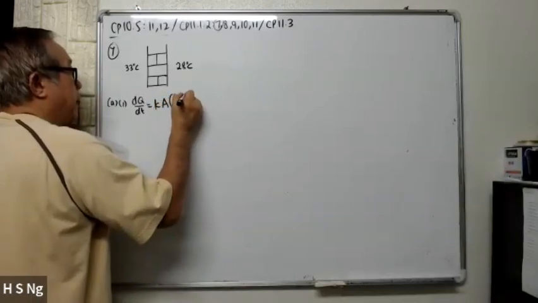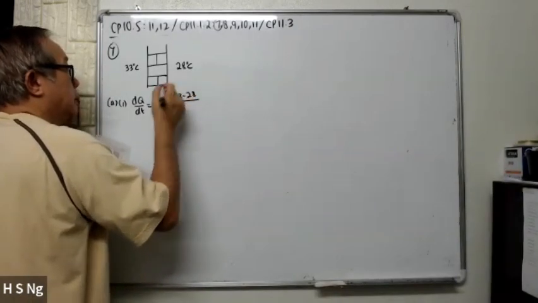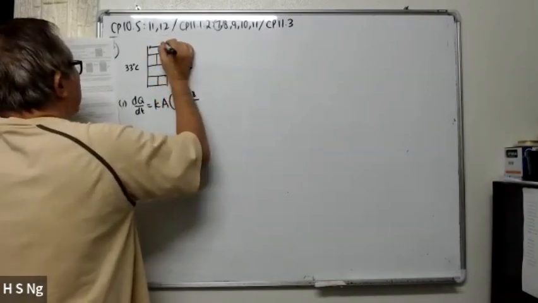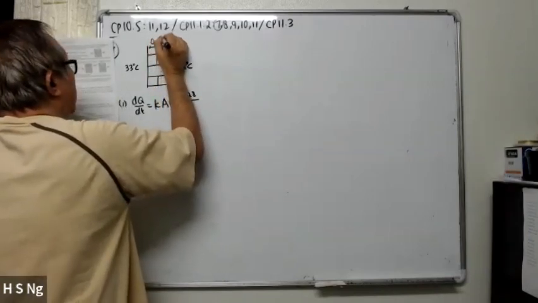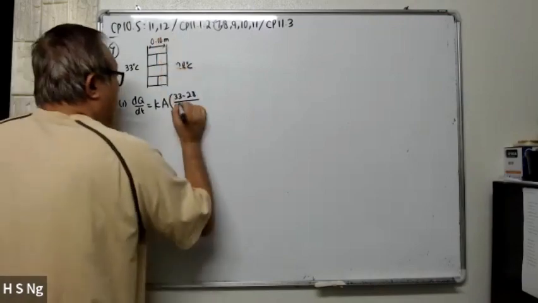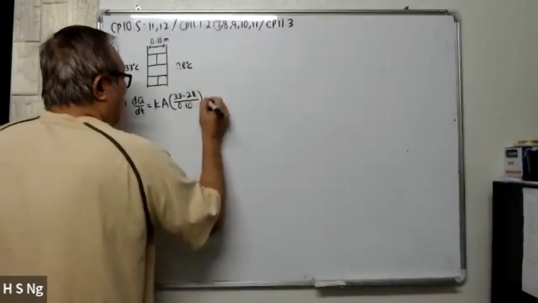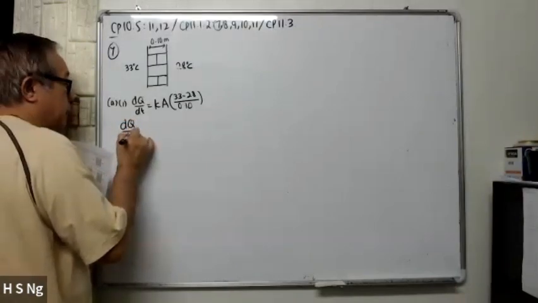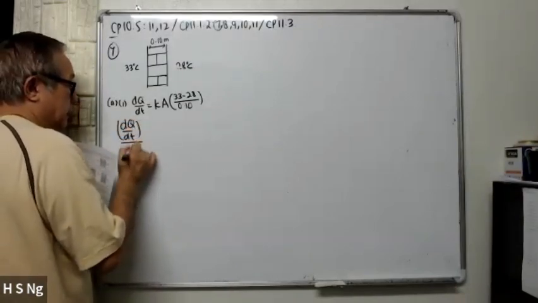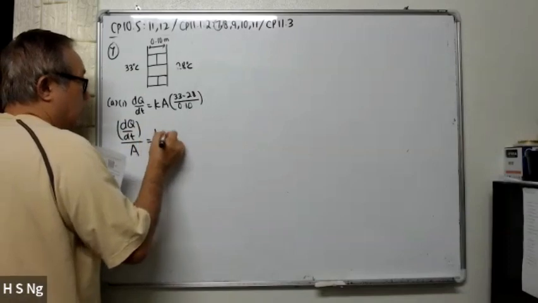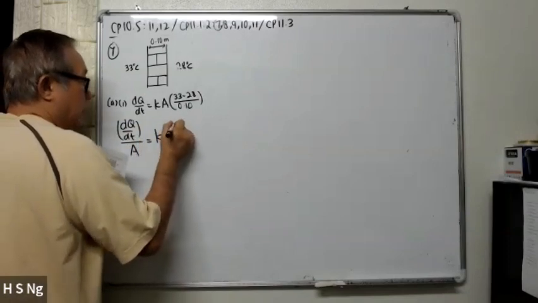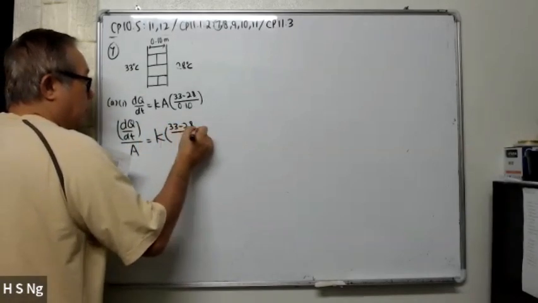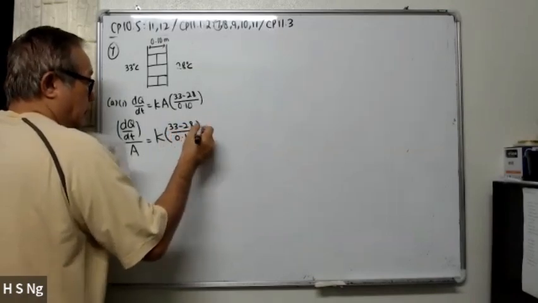So, you take higher minus lower over the thickness of the wall. Now you want the heat transfer per area, like that. Okay.